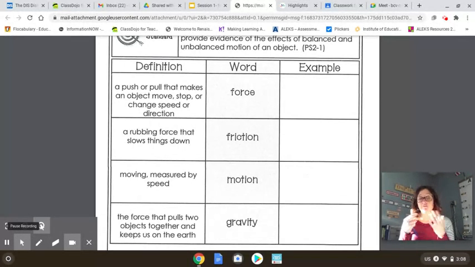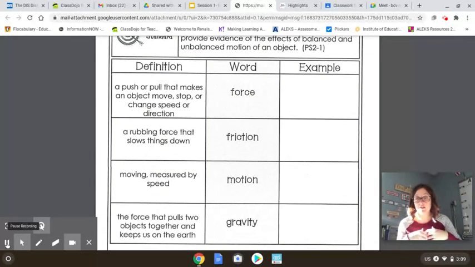Now, how fast that baseball moves is really going to depend on the size of the ball, the material of the ball, the size of the force, but it will keep going in the same direction and at the same speed until an opposite force, like the batter hitting it, the catcher catching it, the ball hitting the backstop, or gravity and friction stopping it. That's an example of Newton's first law of motion.